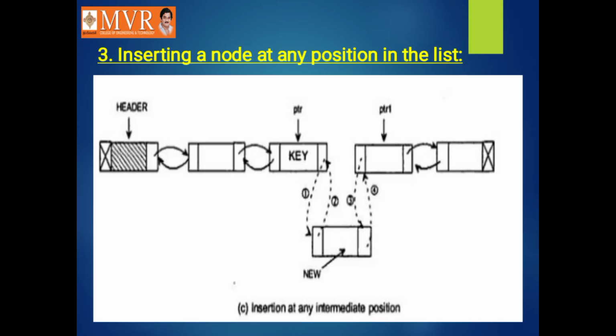Now, inserting a node at any position in the list. If we want to insert a new node at any position on the double linked list, then we start from the header node, then move to the location where we want to insert, that is after the fourth node or after the third node or in the middle of the linked list.